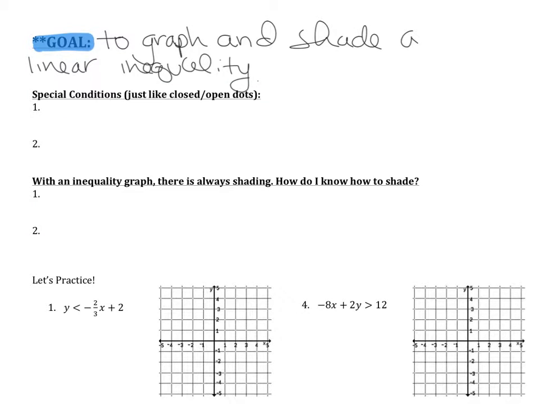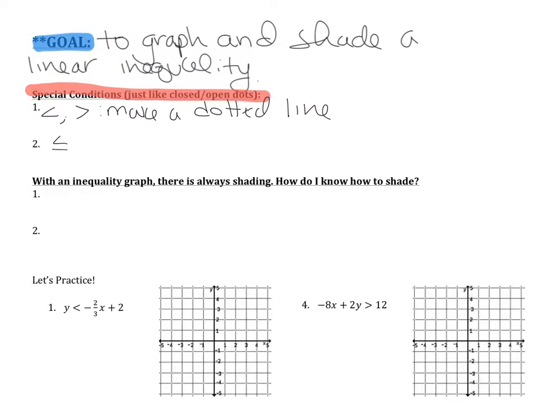So we have what's called a special condition, just like open dots and closed dots. So remember when we were graphing inequalities and we had to graph it on a number line, and if this was 3, I'd have to either do an open dot or I'd have to do a closed dot, and then it would go in whatever direction? Well, I have a similar condition with this. If I have a less than or a greater than sign, I'm going to make a dotted line.